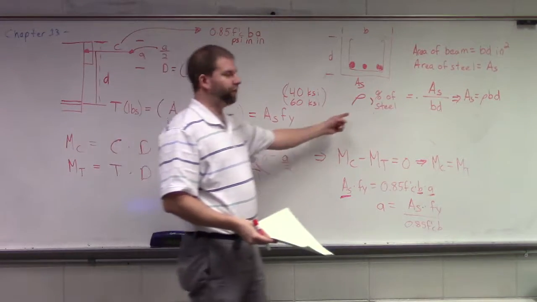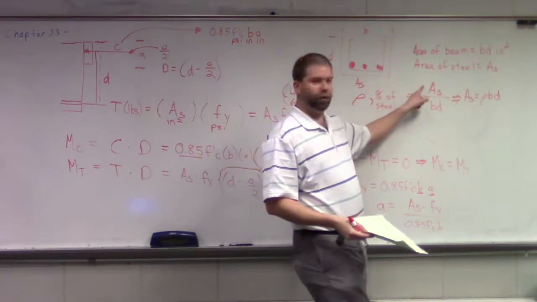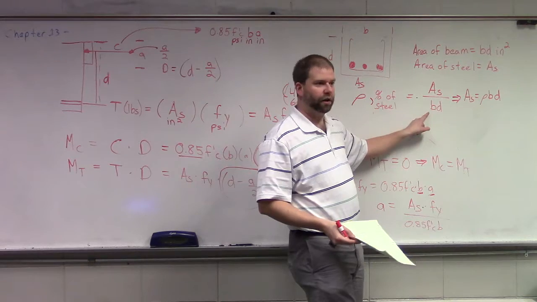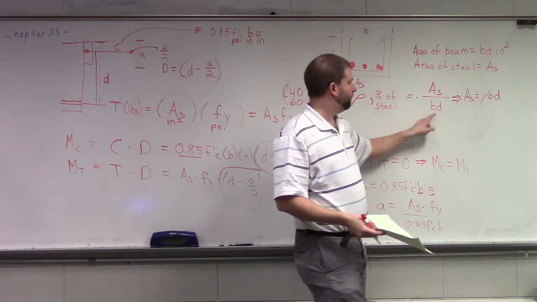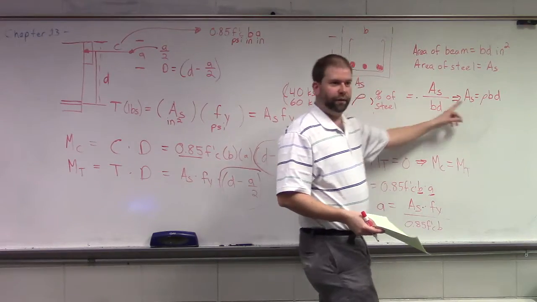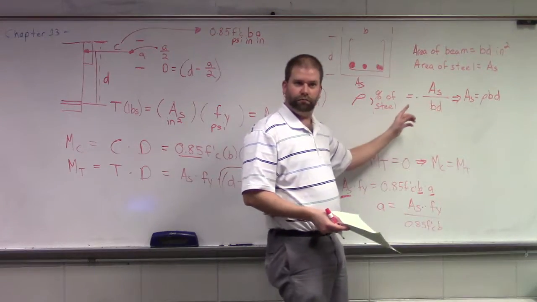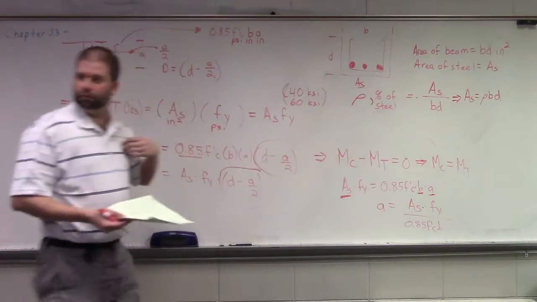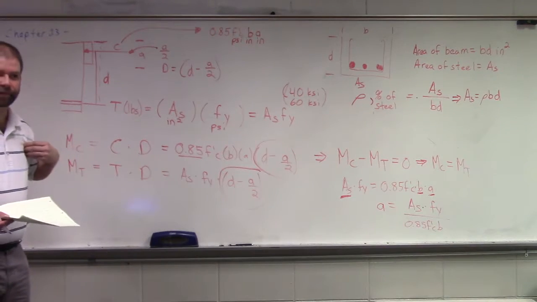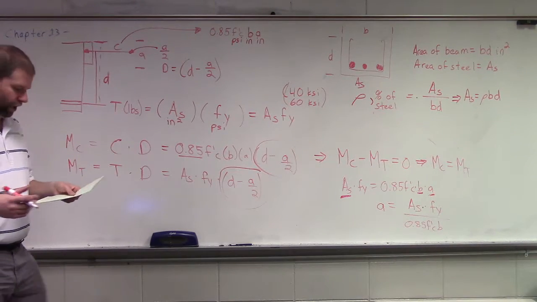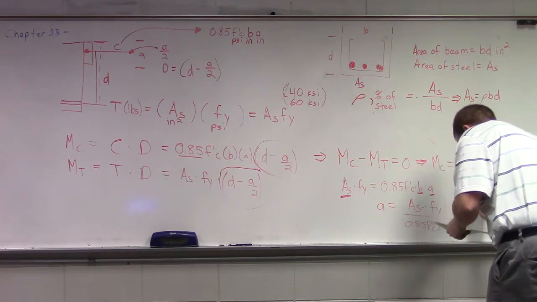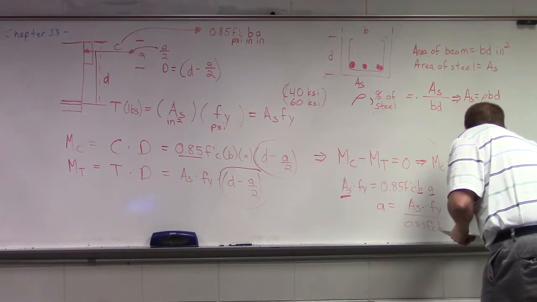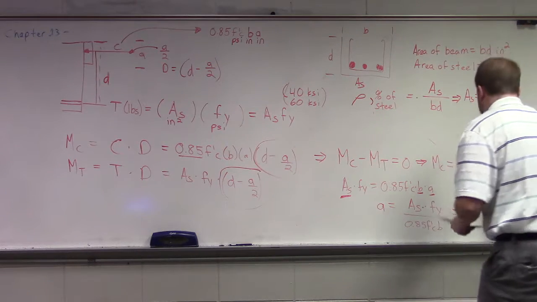If the percentage of steel equals the total area of steel divided by the quantity of the depth and the width, the area of the steel is the same as the percentage times the area, right? Everyone agree with that?